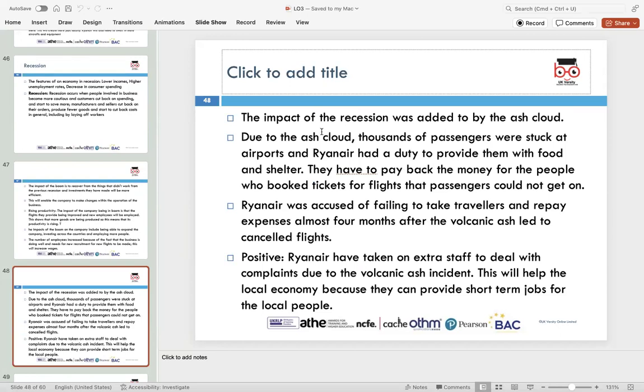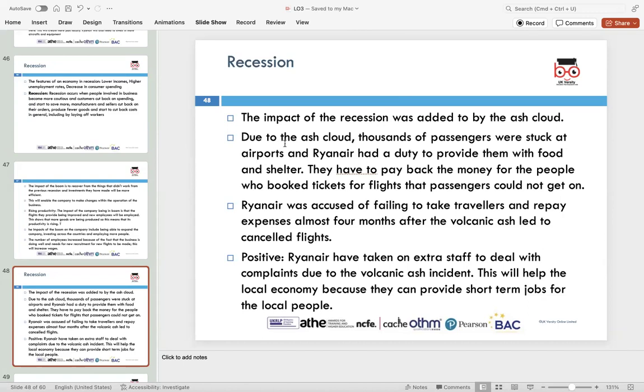Impact of the recession. One of the factors that contributed to the impact of the recession was the ash cloud.